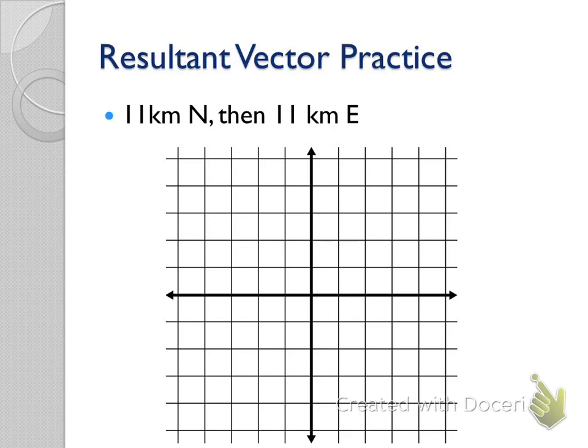Let's look at this vector here. We want to go 11 kilometers north, then 11 kilometers east. Let's say that each of these tick marks is 3 kilometers.